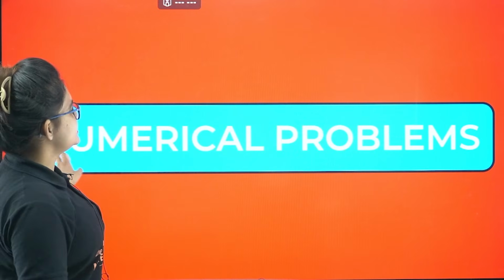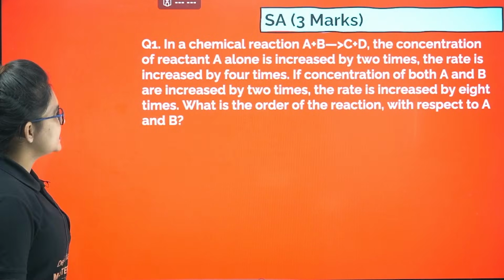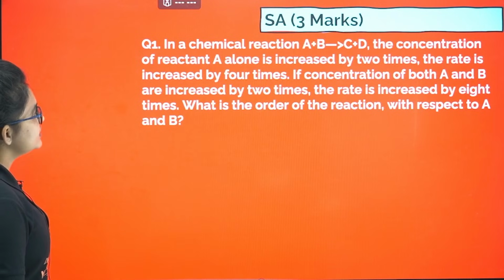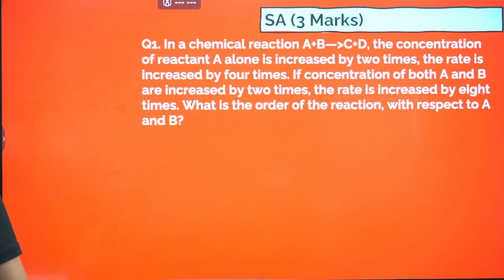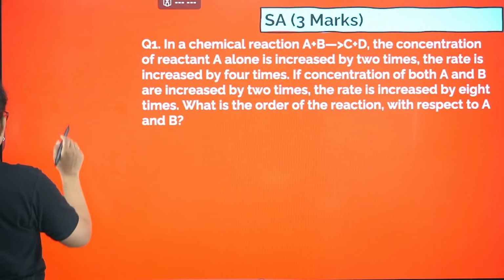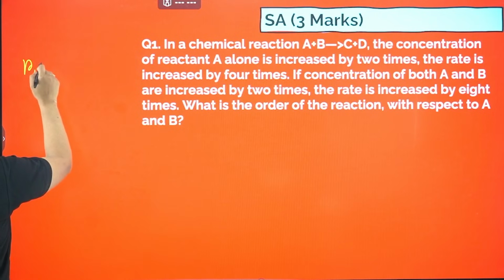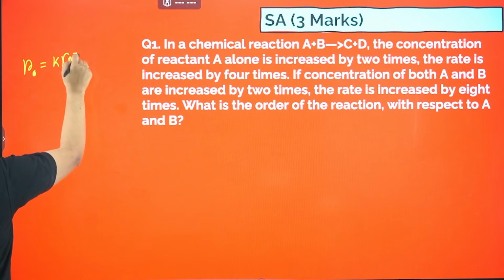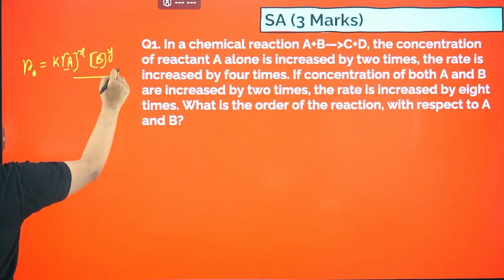Okay, let's proceed. More numerical problems we will proceed with. In a chemical reaction, A plus B gives C plus D. The concentration of the reactant A alone is increased by 2 times, and the rate is increased by 4 times. One by one we are going to write. Here also you have to develop the equation. So let's say R1 equals K into A power X into B power Y. This is equation number 1.